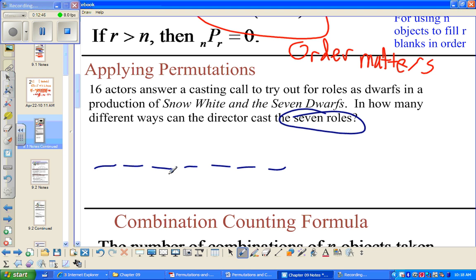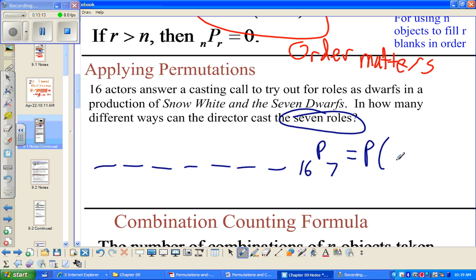Those are 7 specific roles. That means the order matters in which he casts them, since he's assigning each of them a specific role, which means we want to use a permutation, which would be 16 permutations of 7 actors.